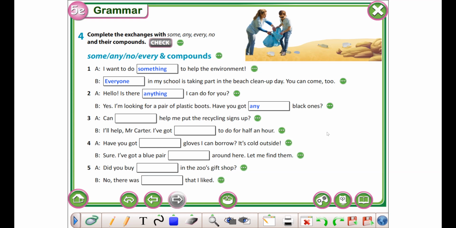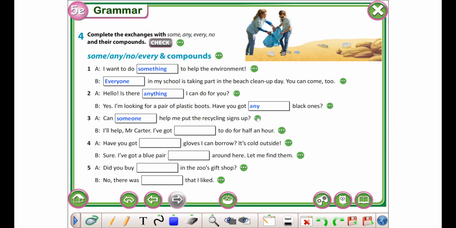Can anybody help me? Anyone. Can anyone? That is someone. Това е като молба. Когато въпрос има характер на молба, тогава също можем да използваме и some. Can someone help me put the recycling signs up? Put them up, да ги поставите на високо.